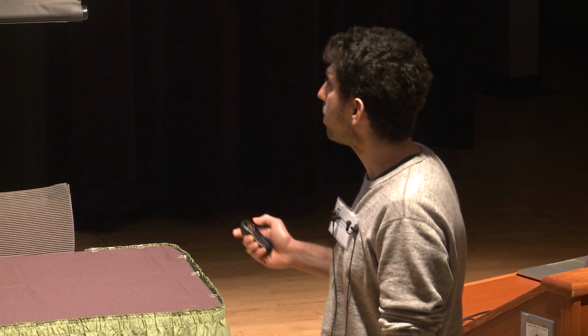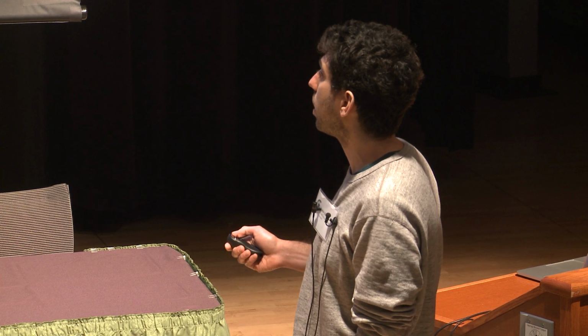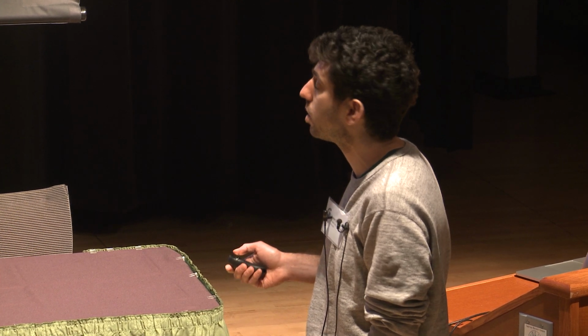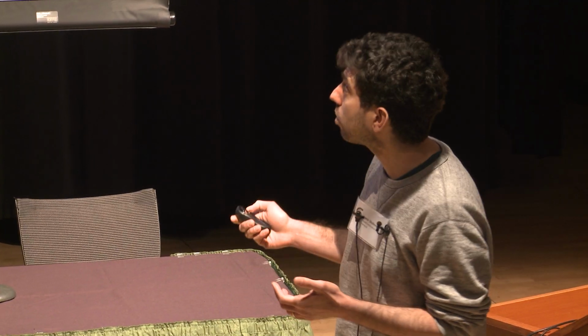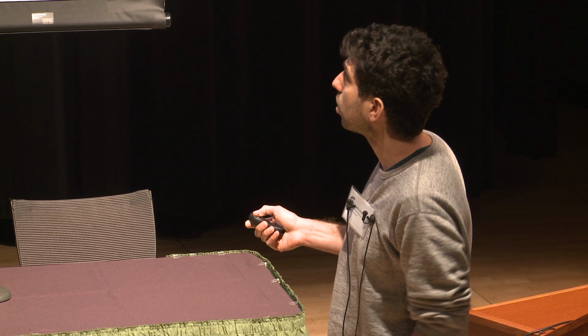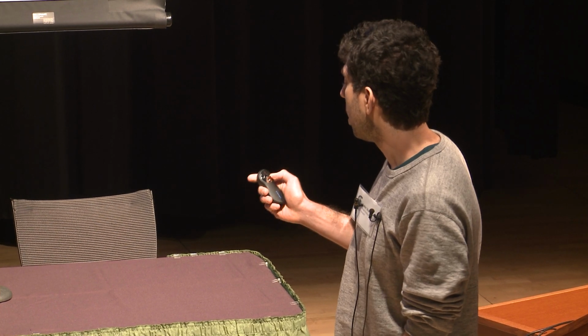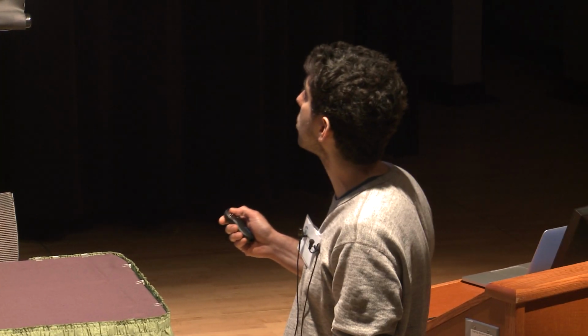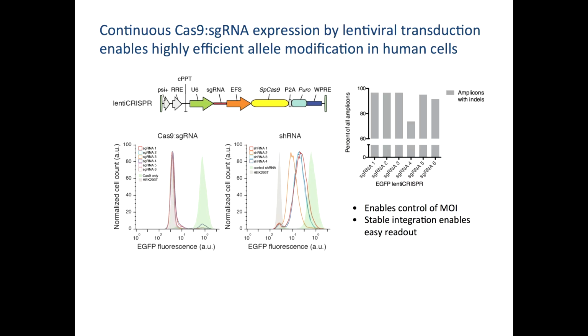But the opposite approach is, given a specific phenotype, can I use these technologies to screen through thousands of possible genetic modifications in order to find additional genetic modifications that give rise to or change this specific phenotype? And of course, this is not a very new concept. People have been using shRNA screens and overexpression screens to do these types of studies.